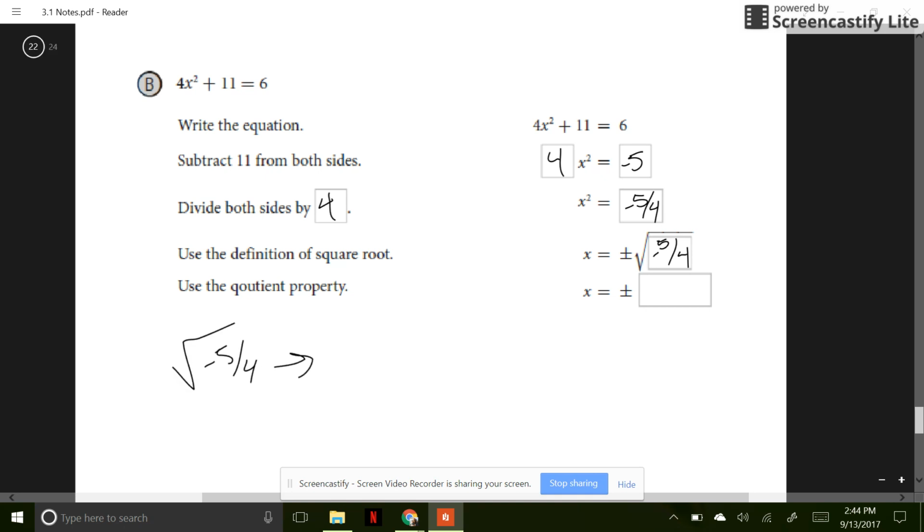We can break that apart. We can immediately pull an i outside since that's the square root of -1. That leaves us with the 5 over 4 inside, which we can break apart into √5 over √4, which gets us √5 over 2. So our answer here is i times √5 over 2.